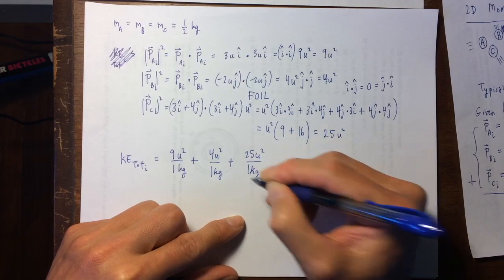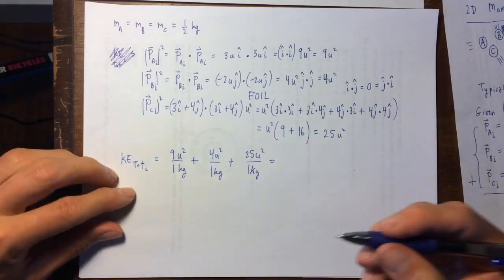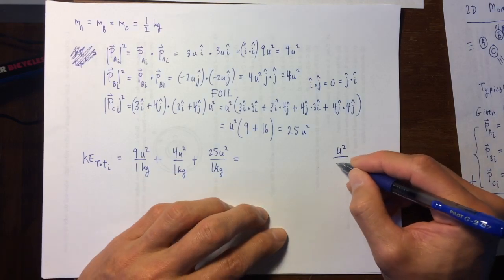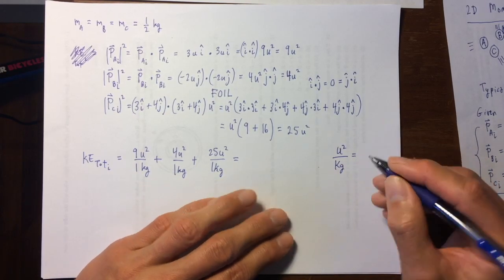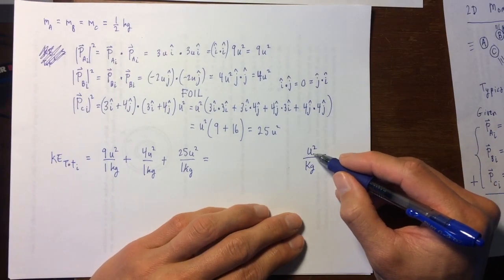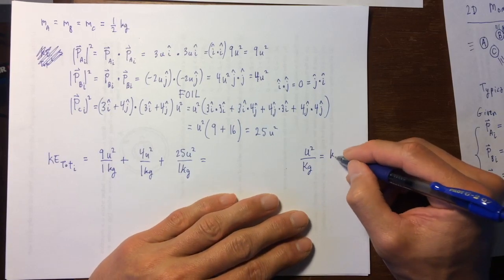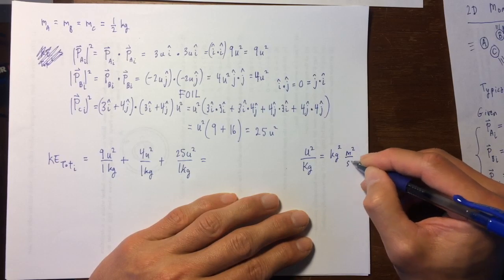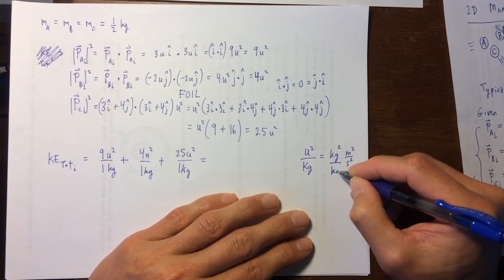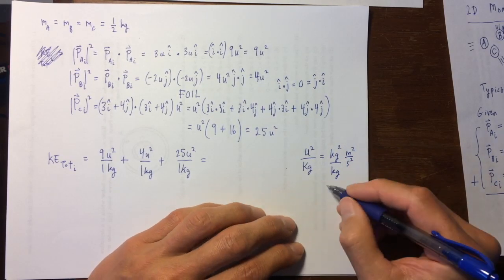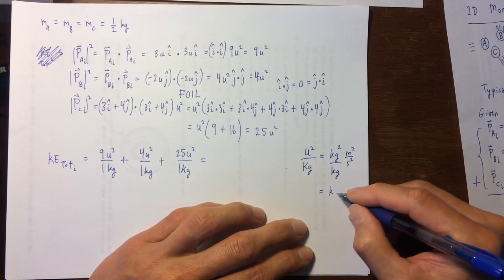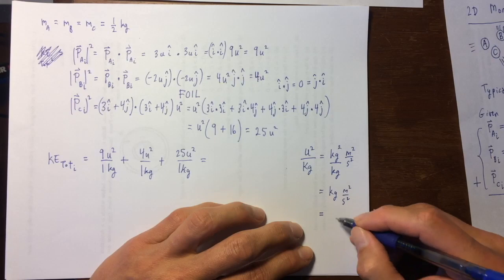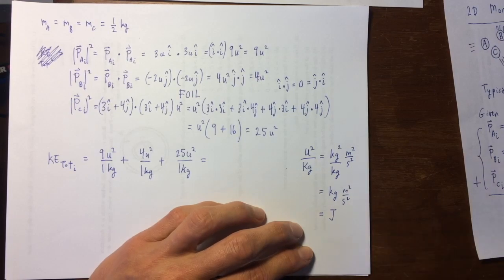But u squared over the kilogram is equal to, do you remember u is the SI units of momentum? So it's a kilogram squared meter squared per second squared, divided by a kilogram. So this is kilograms meters squared per second squared. This is exactly called the joule.